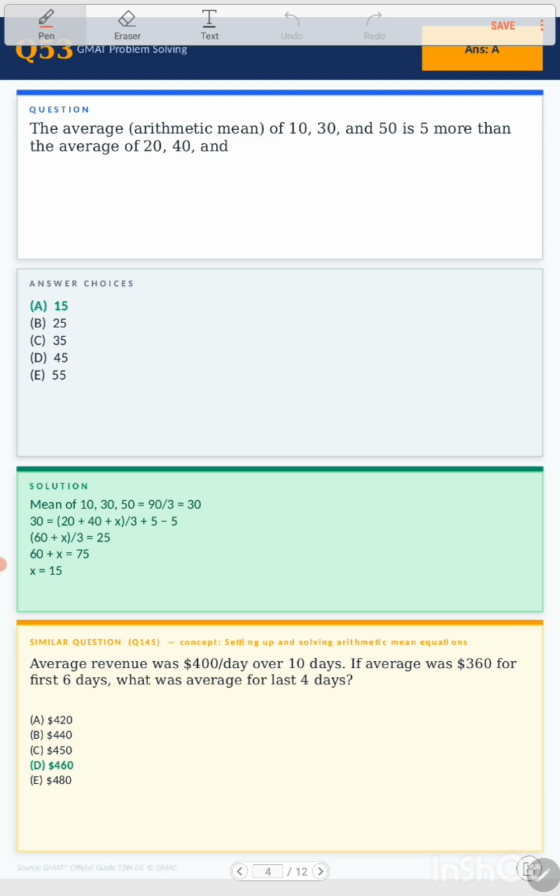You set it up: 20 plus 40 plus s, divided by 3 equals 25. If you solve this, you get 60 plus s equals 75. 75 minus 60 is 15.